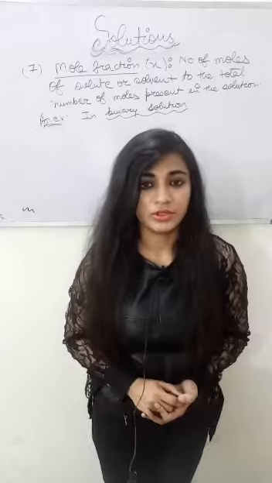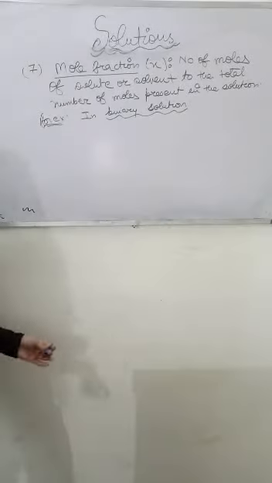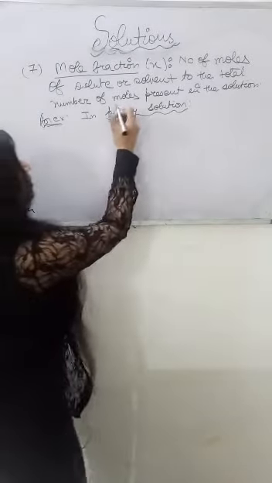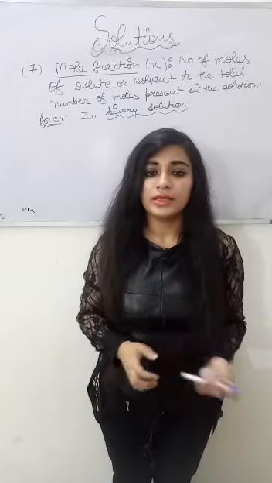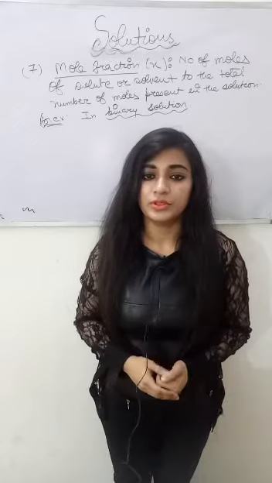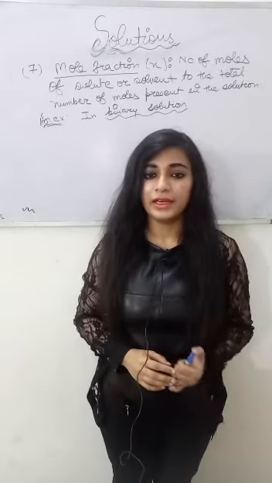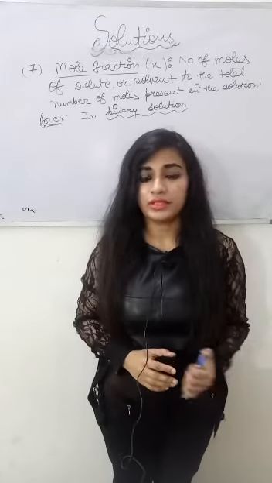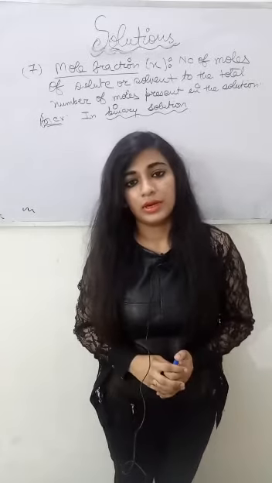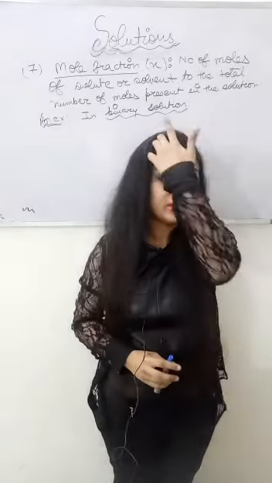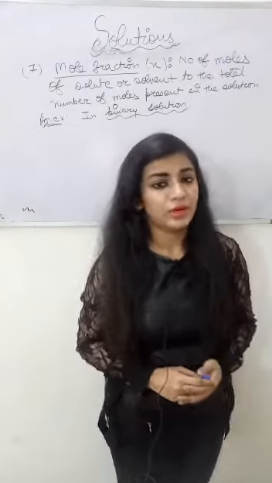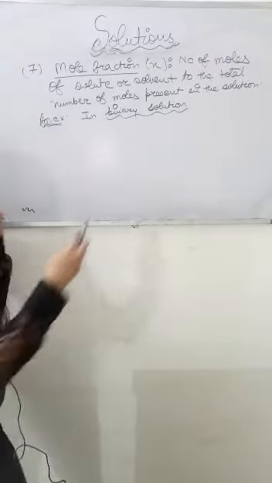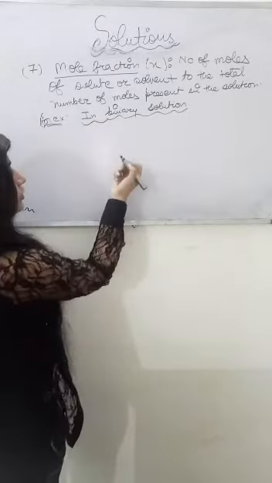For example, if we take a binary solution, I hope you remember that in the first video I discussed types of solution: binary, ternary and quaternary, on the basis of components. Binary means two components are there. So if two components are there, it is termed as a binary solution.